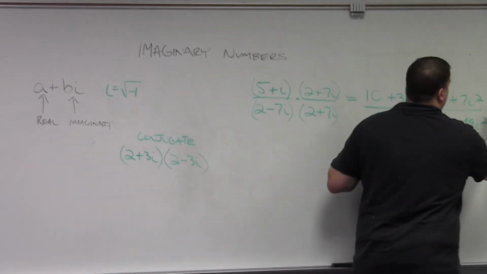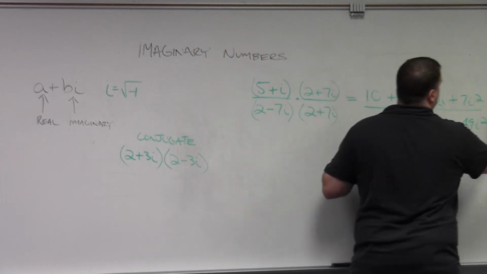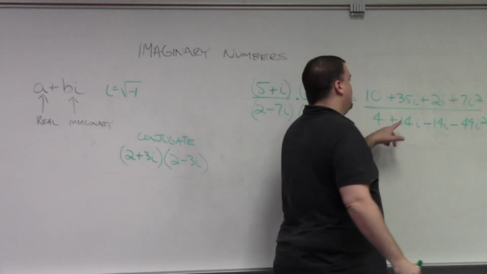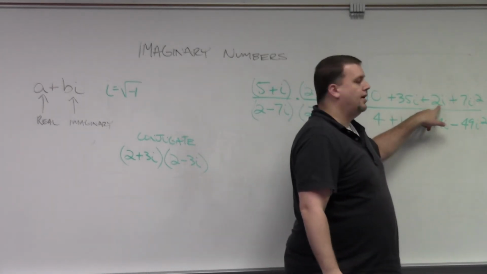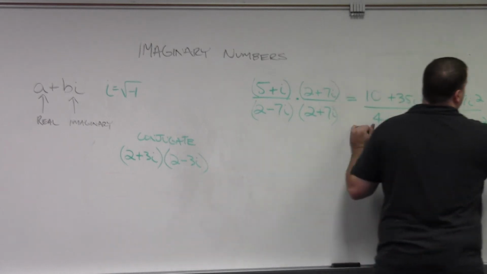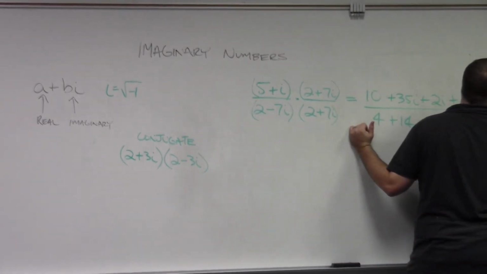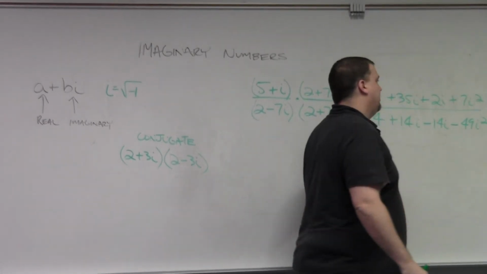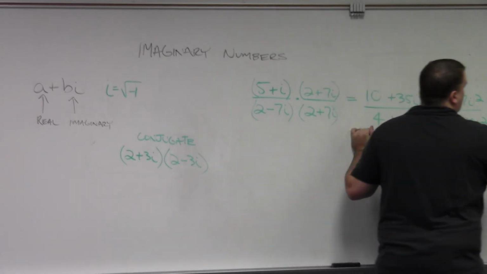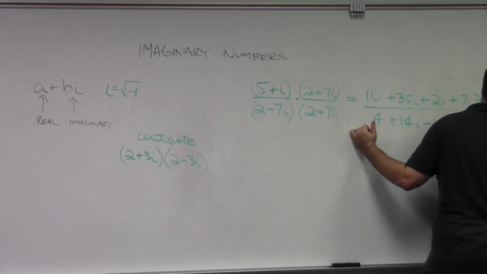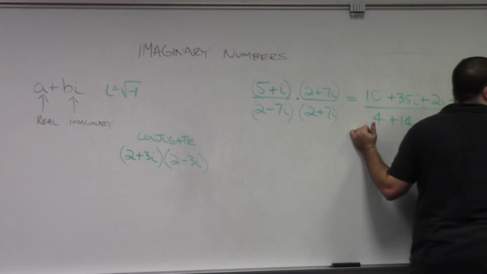So on the top, I've got 10. I've got 35i plus 2i. That's 37i. And then I've also got 7i squared, which I can replace i squared with negative 1.